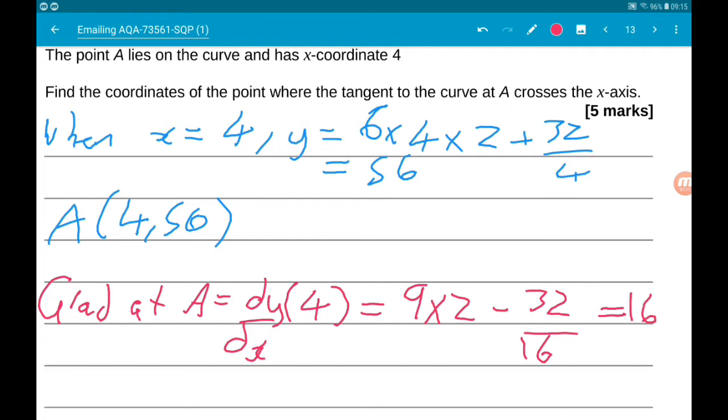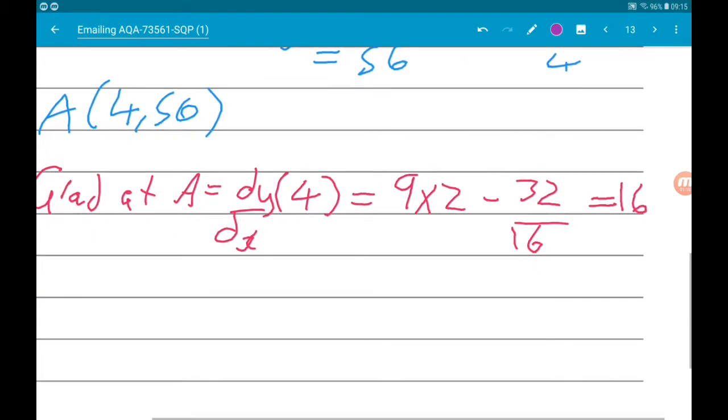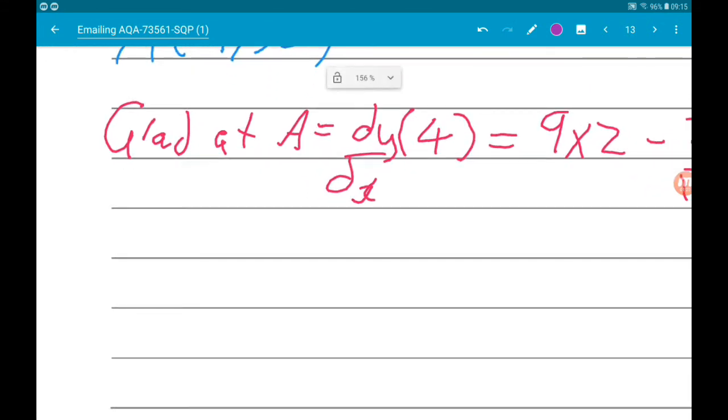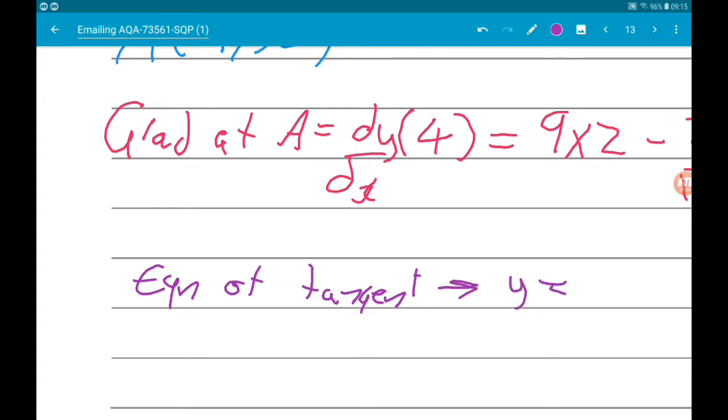Okay, so now we can start to find the equation of our tangent. The equation of the tangent, it's a straight line, so it's of the form y equals mx plus c.